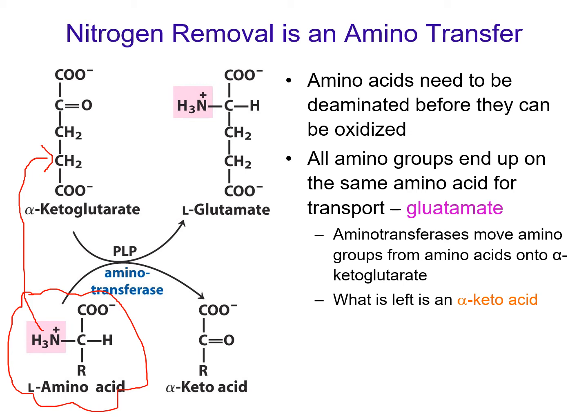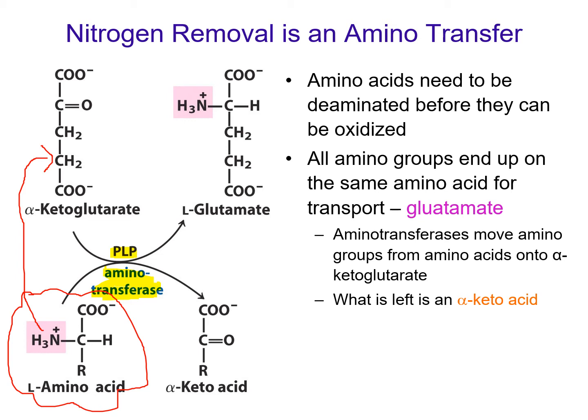What enzyme catalyzes this reaction? An amino transferase. This amino transferase can be specific or nonspecific. It's usually specific for a particular amino acid, like an alanine amino transferase would catalyze the reaction of transferring an amino group from alanine to alpha-ketoglutarate. The other thing you should note about this is that it has a prosthetic group, and I'll just write that out.